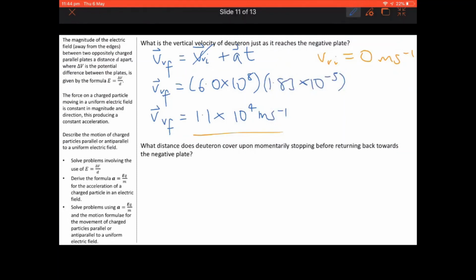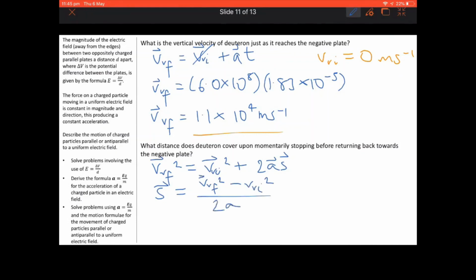We can figure this out by using this equation of motion. The displacement will rearrange to vertical velocity final squared minus vertical velocity initial squared over 2 times the acceleration.